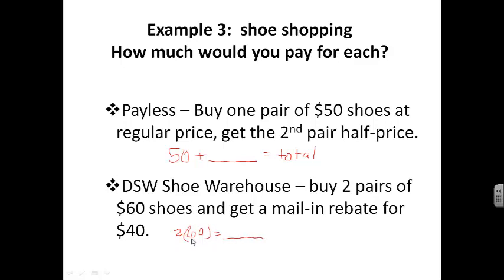So when I figure out that total, what two pairs of $60 shoes would cost, am I going to add or subtract the $40? What is a rebate? Are we going to have to send $40 more, or are they going to send us a coupon or a check for $40? They're going to send us a refund of $40. So we're going to subtract that.